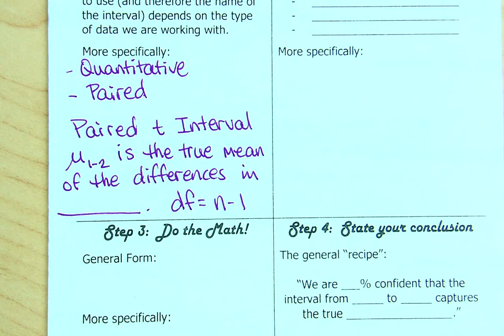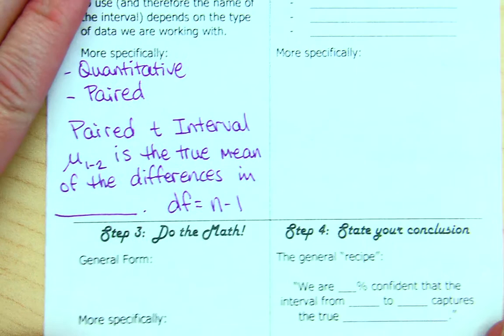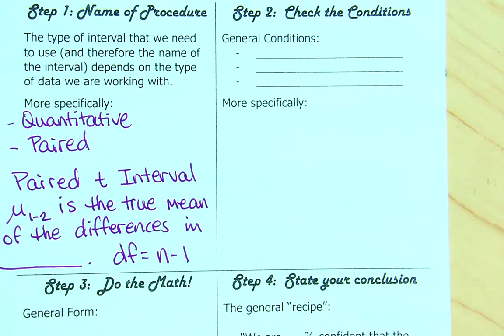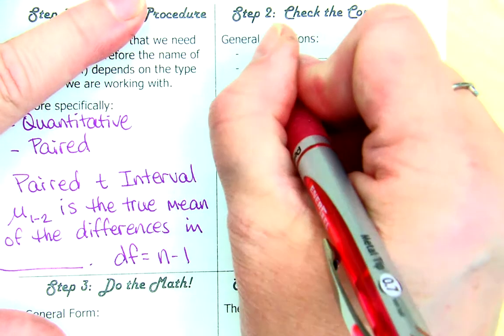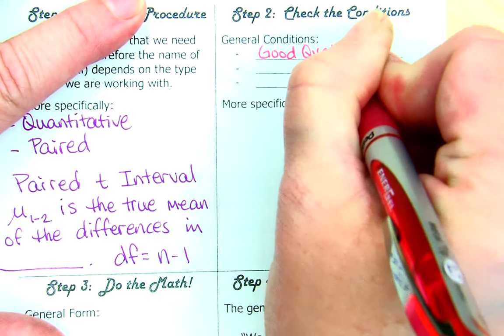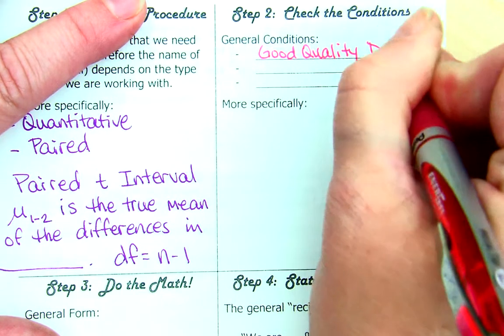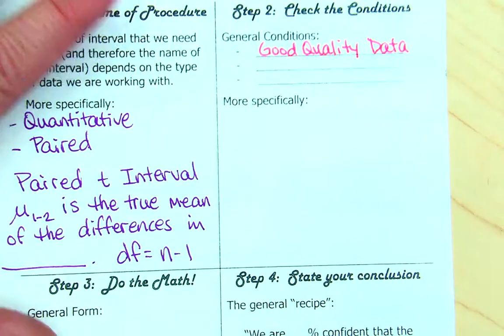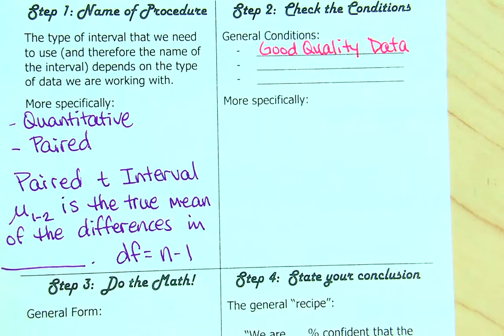So for our next part, we're going to look at conditions. Our conditions are exactly what they were for the 2 sample or the 1 sample test. So any of our t-tests, same conditions. The first one was good quality data. And we check that by seeing, was it randomized?